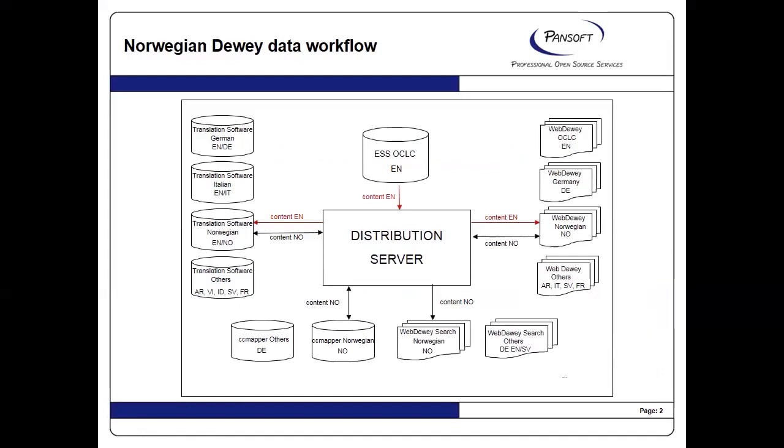From the Norwegian translation software, that translated Norwegian content goes back to the distribution server. And from the distribution server, there are a lot of arrows going in other directions. For instance, the arrows to the right show that the Norwegian content goes to the WebDewey.